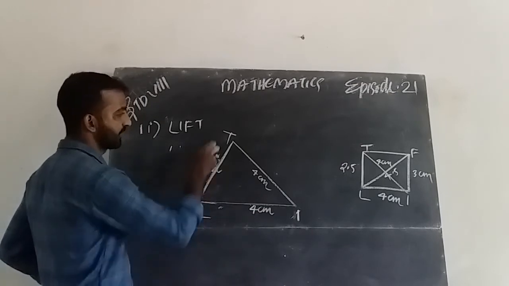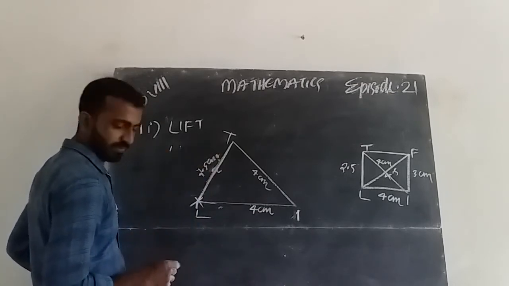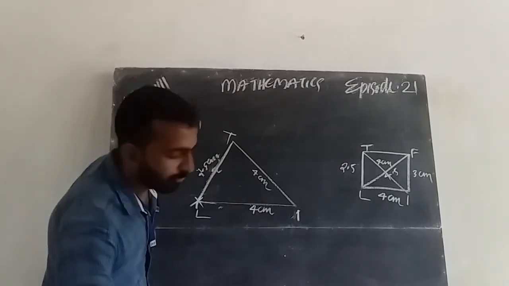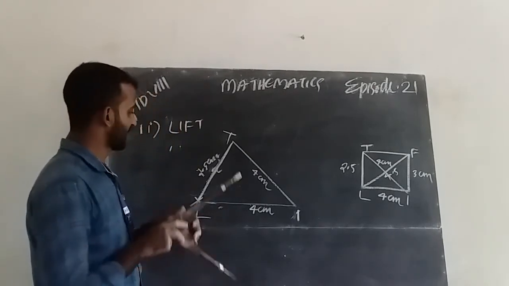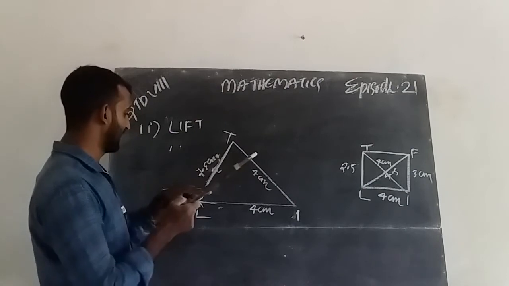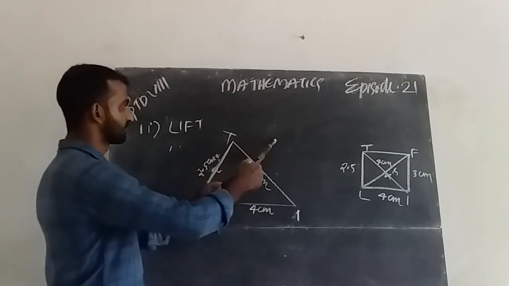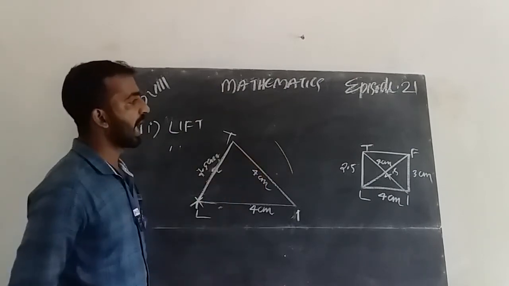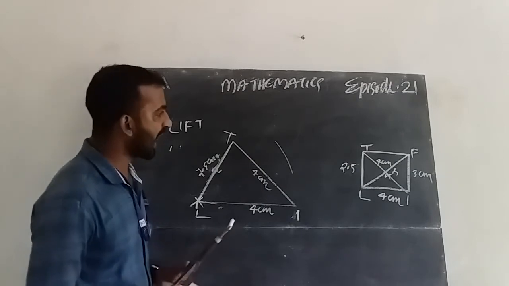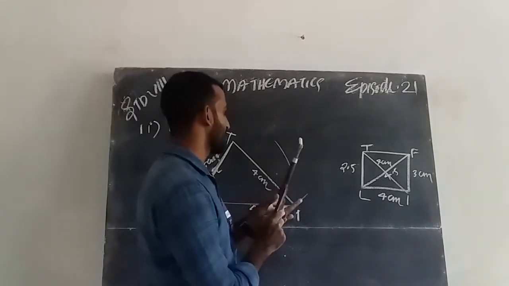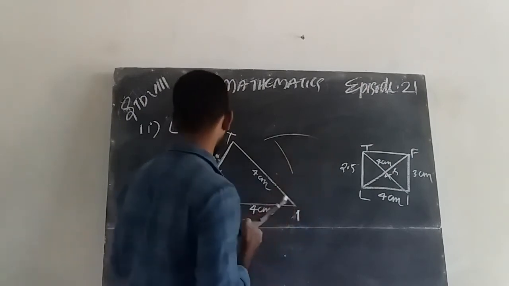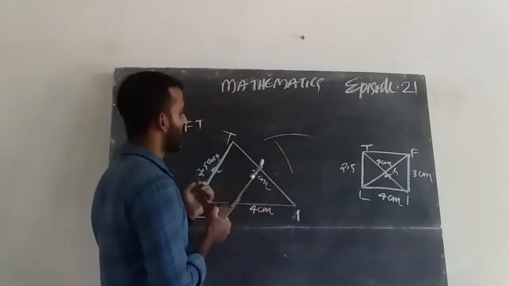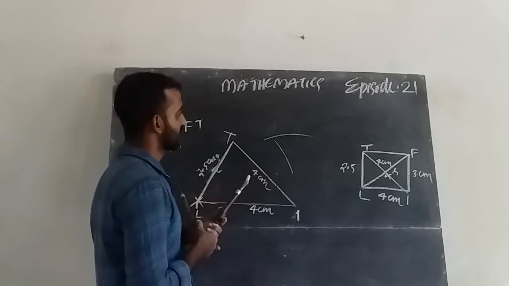I, L, T. And next we draw an arc with length 4.5 from the center L, and also draw an arc with 3 centimeter with the center I. That is, the arcs are drawn to intersect.